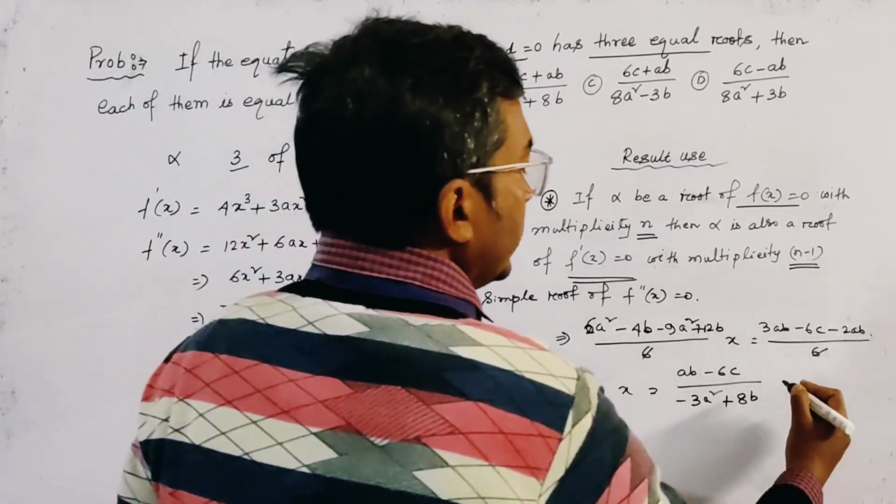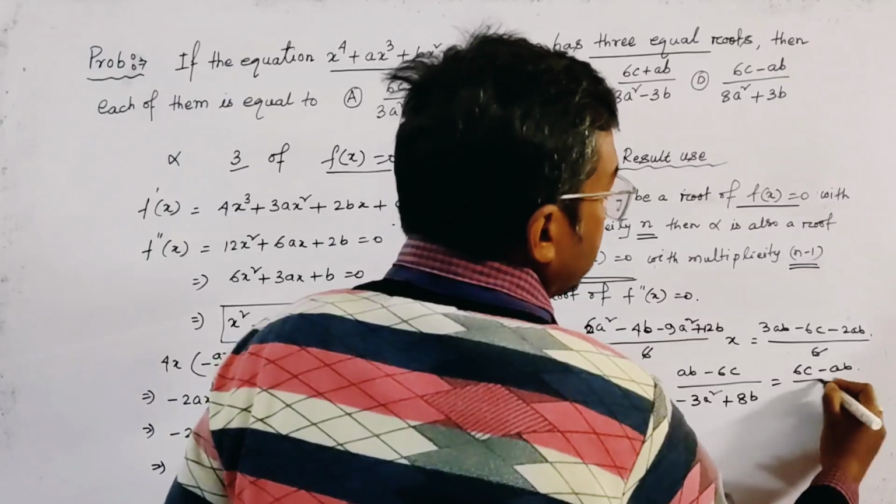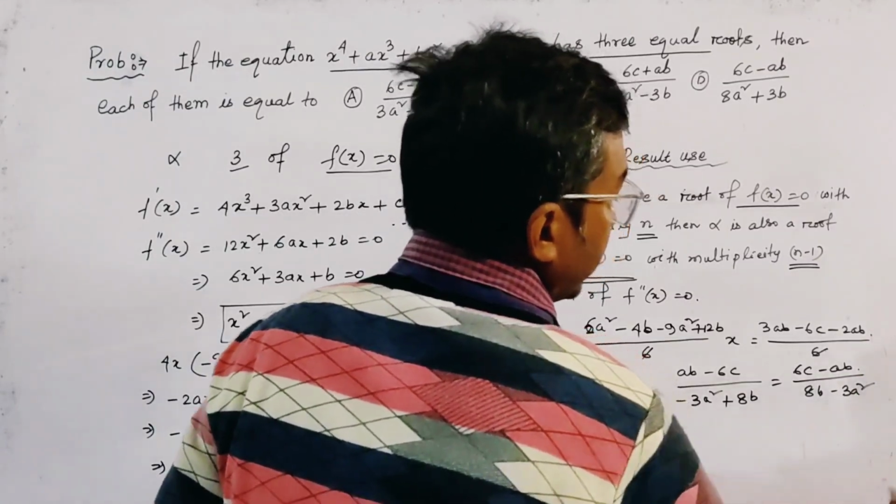So we get the result as 6c minus ab by 8b minus 3a square.